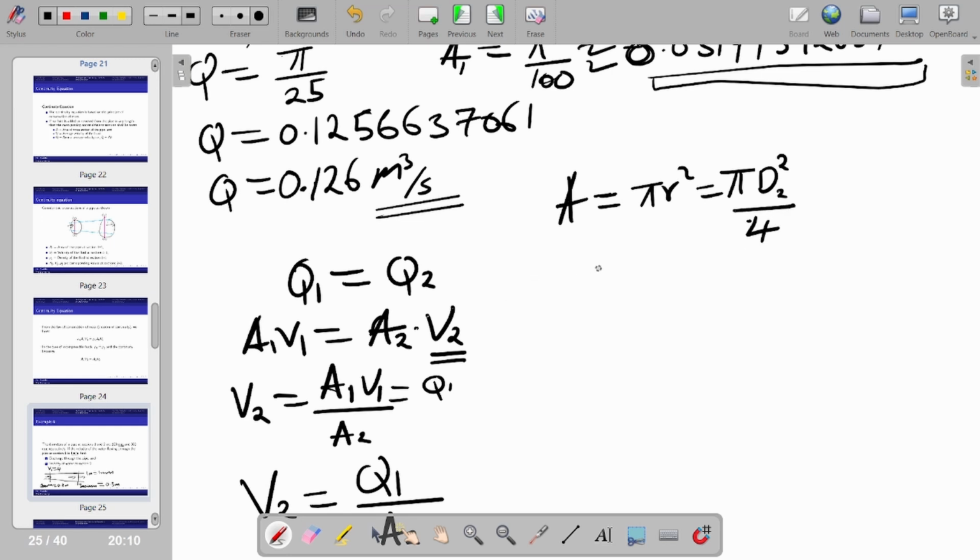So let's substitute. We have pi times 0.3 squared divided by 4. Let's evaluate that.